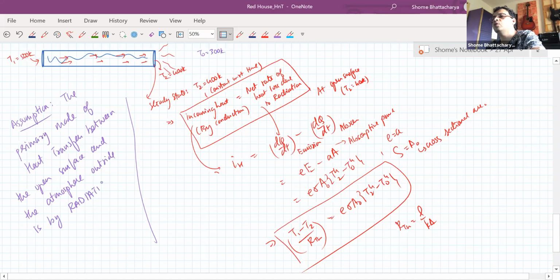In fact, not only is it primary, such that any convection that occurs is negligible.